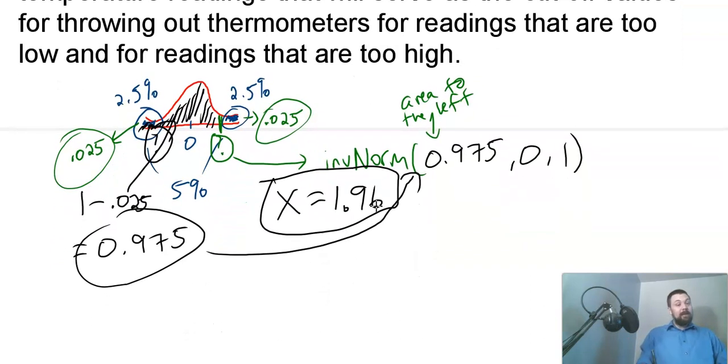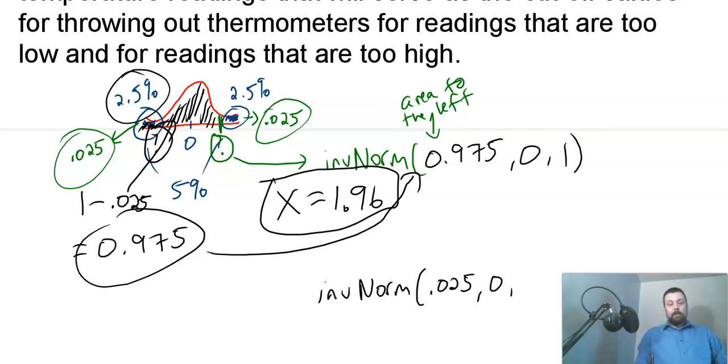But this one's going to be, I did this one first because it was going to be more difficult. This one's going to be easier because we already have the area to the left. So for this particular data value, the area to the left of it is the 2.5%, which is 0.025 as an area. The mean is 0, the standard deviation is 1.